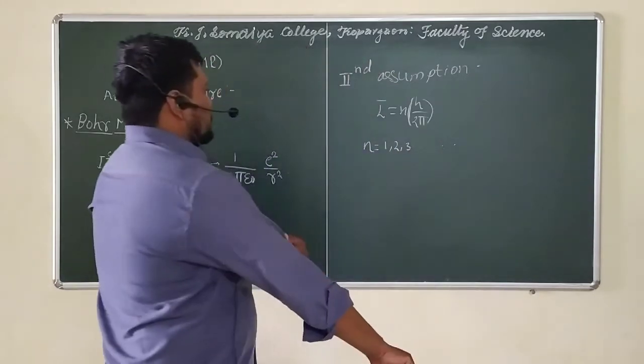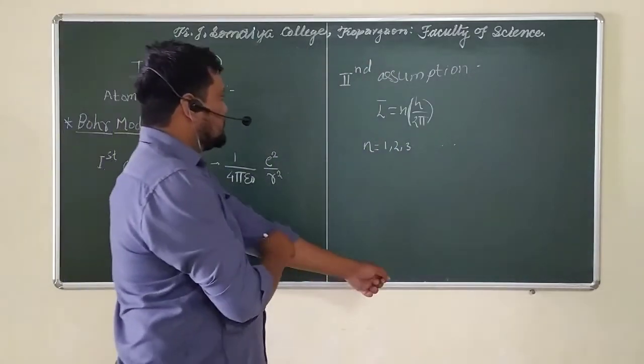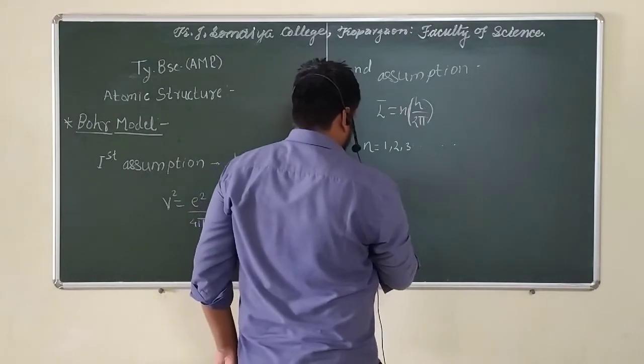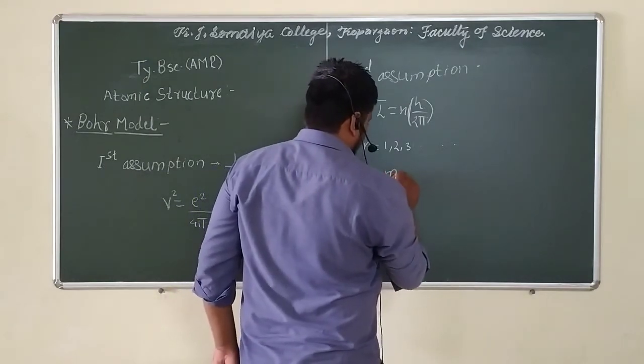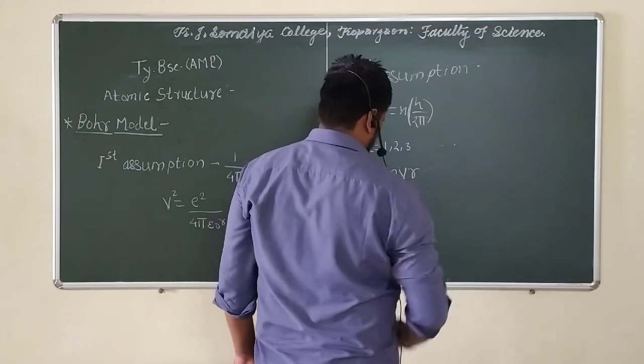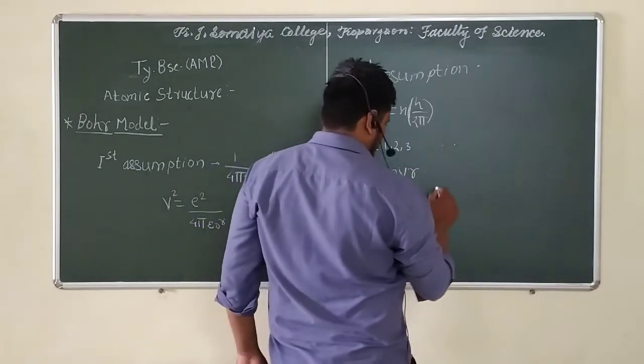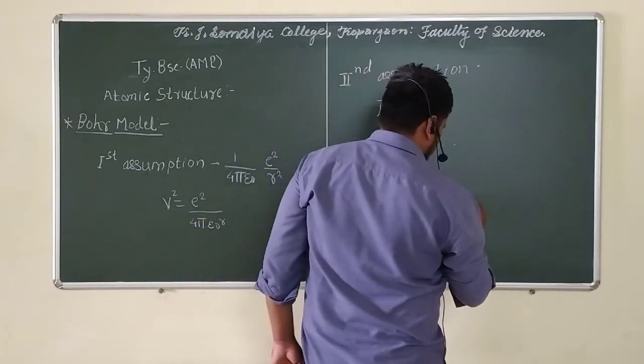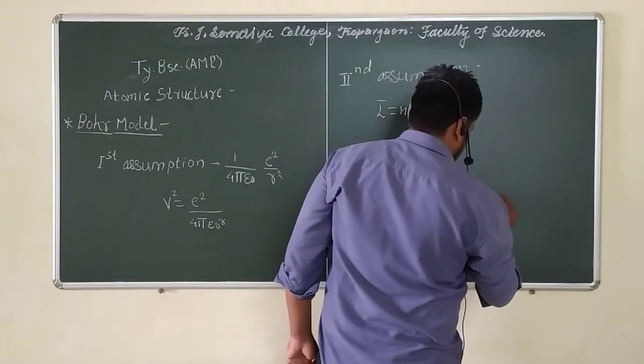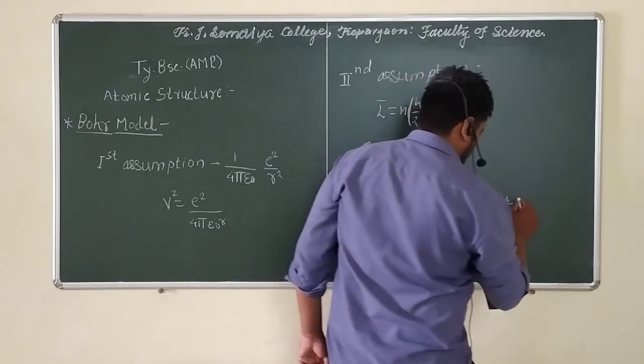Again, we have to know that L is the angular momentum, and L is given by m into v into r, where v is the linear velocity of an electron.